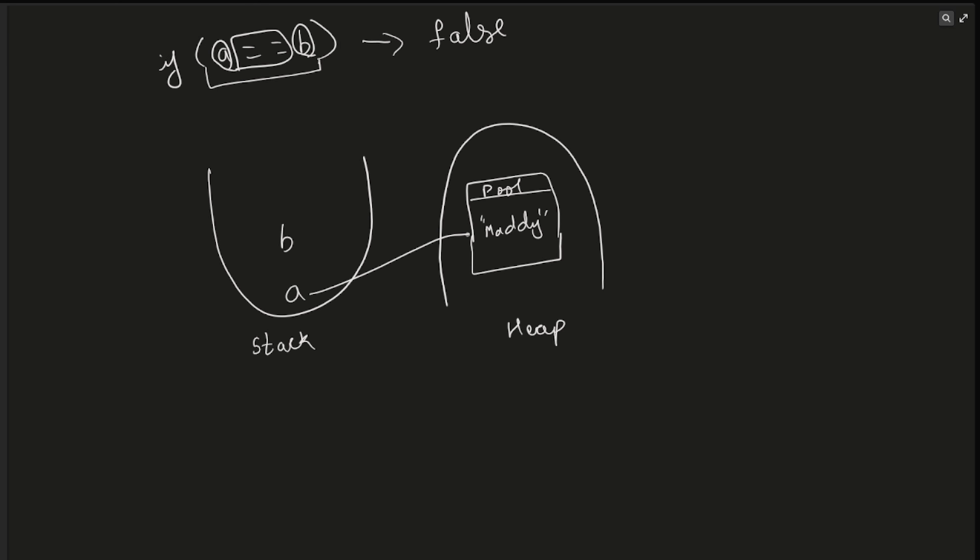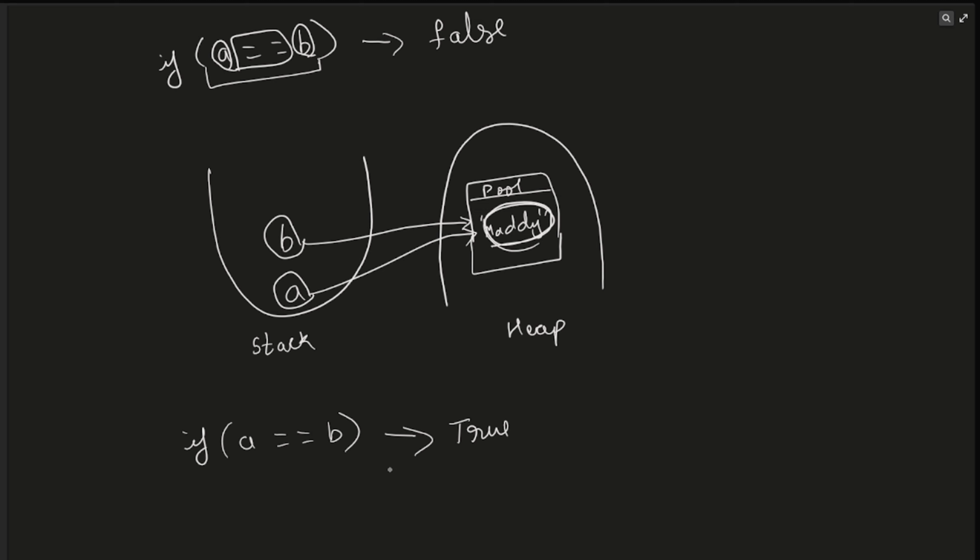A will point to object Maddie and B will point to the same object since they have the same object values. Now, if you write an if condition checking whether A is equal to B or not, this if condition returns true in Java because both A and B reference variables are pointing to the same object in the heap. Hence, the output of this if condition is true. I hope the comparison using comparator is clear.